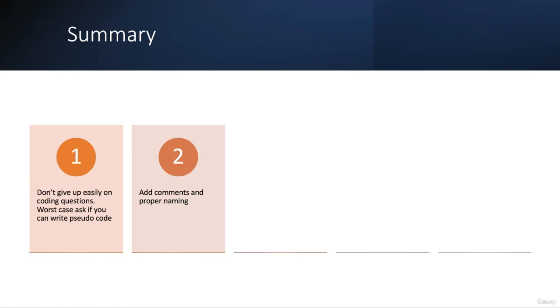Second, add comments and proper naming convention. Follow all the coding guidelines when you're writing the piece of code to make a good impression. Third, ask questions to the interviewers rather than making assumptions. We already discussed that if you didn't understand the problem statement, or if you're going ahead with certain assumptions, it could be a big program like a file operation program or a mathematical problem statement, which might need you to make an assumption. It's very highly likely.